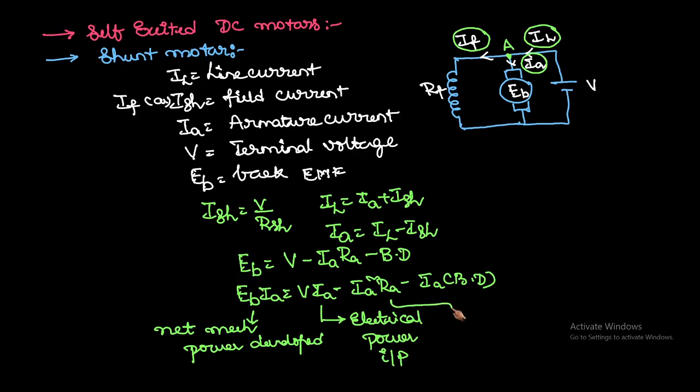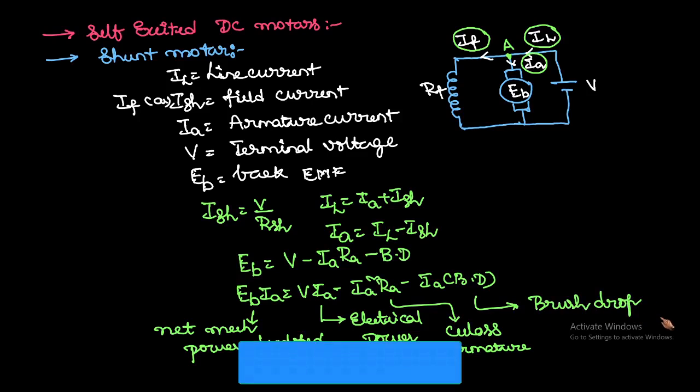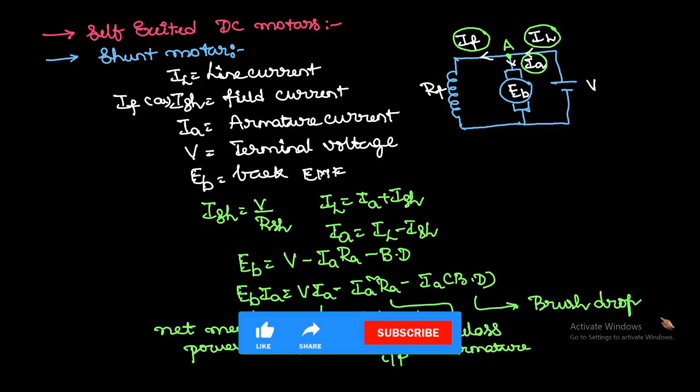Next, IA square RA is the copper losses, particularly the armature copper losses. Next, IA into brush drop is the brush loss. Sometimes in problems they will not give the brush drop, so you can neglect it. If it is given, you have to consider it.